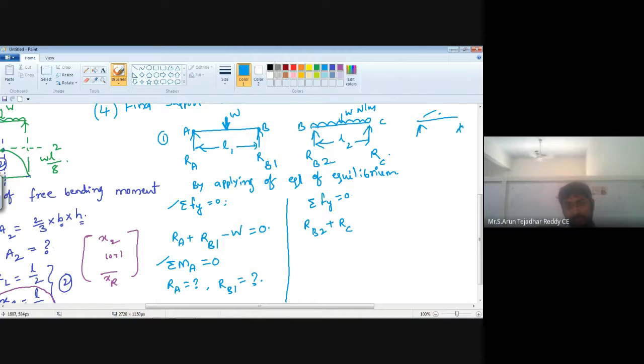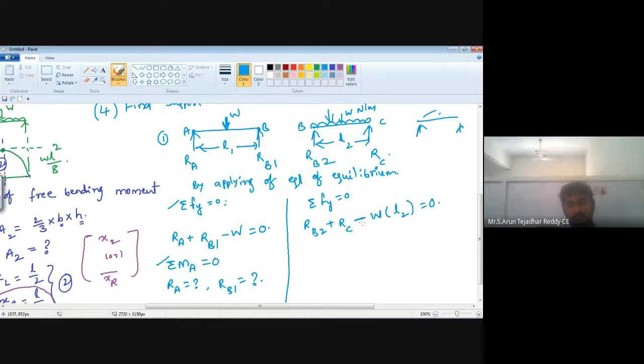Now it is a uniformly distributed load, so the load is acting downward, minus W. Convert it into a point load, multiplied with L2, is equal to 0.